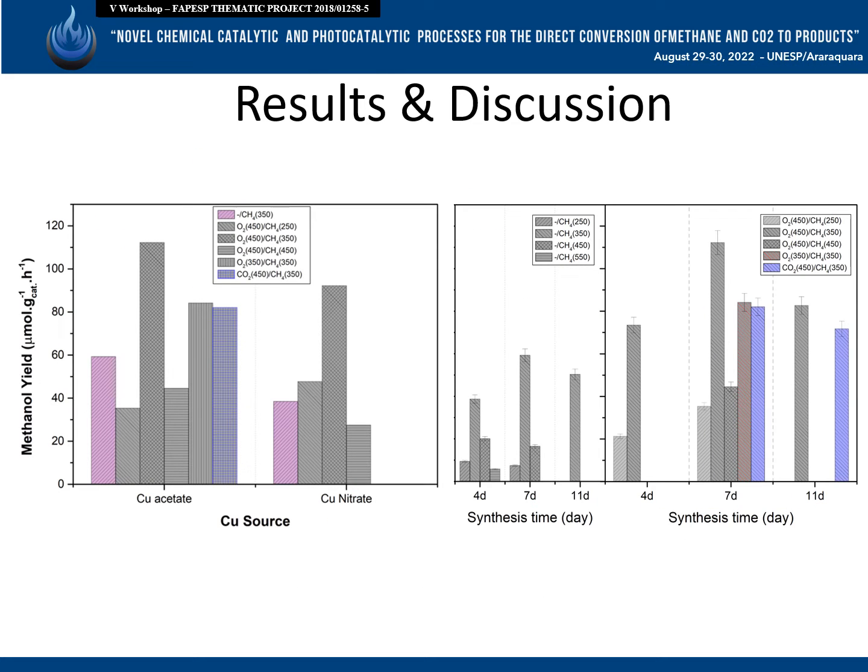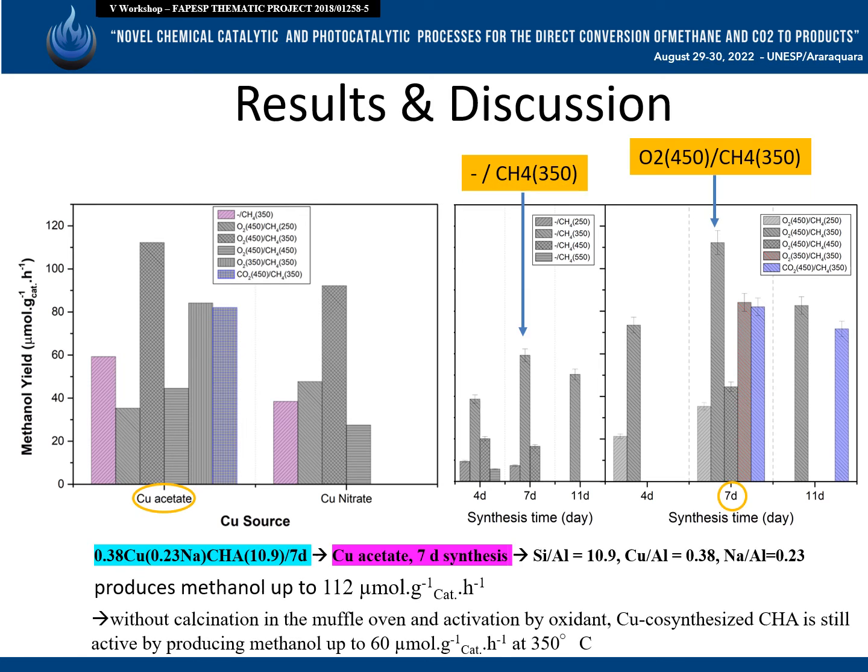So this sample has a higher activity, producing up to 112 micromole per gram per hour. Moreover, without calcination and activation before the reaction, the sample can produce up to 60 micromole methanol per gram catalyst per hour, which is interesting, and we will find more evidence to explain it.